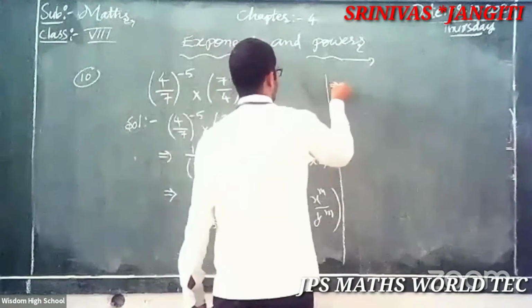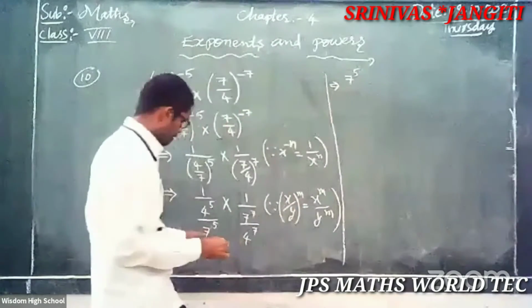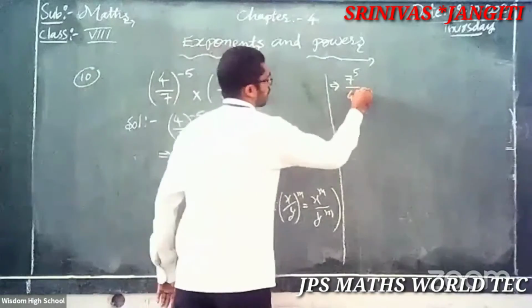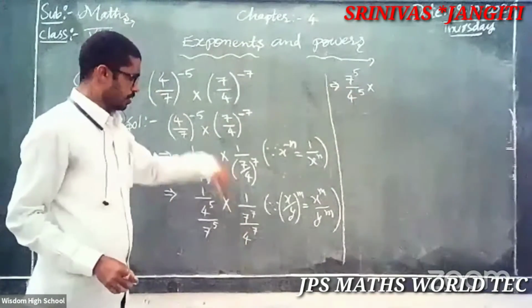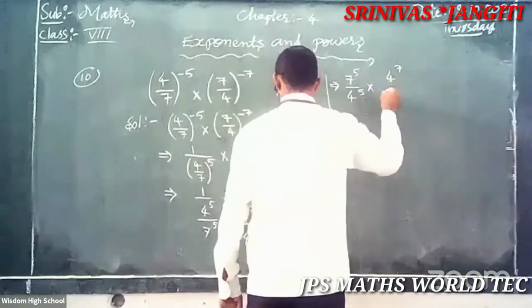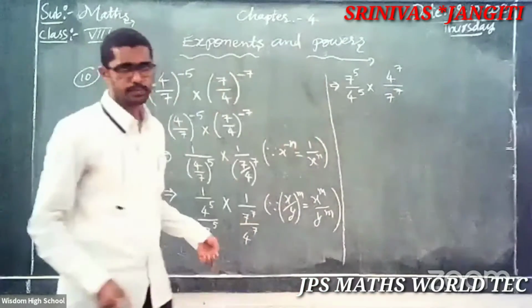The 10 points. What is here? 7 to the power of 5 by 4 to the power of 5, into what is here? Same manner. Come on, 4 is upside. 4 to the power of 7 by 7 to the power of 7. Is it clear, everybody?